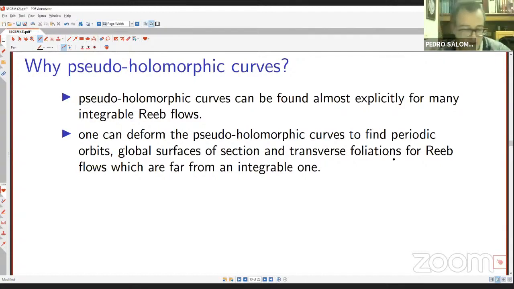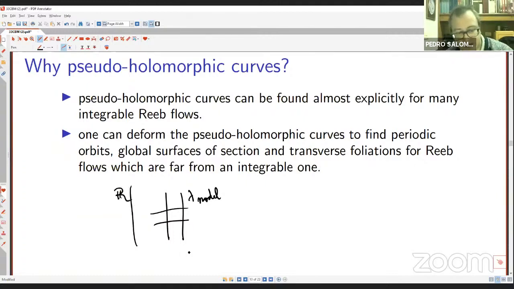It's a cobordism. Let me try to quickly explain. You have this contact form, which is a model, let's say the Euler problem, and you interpolate, this is R times M, the contact form of the model with your contact form, let's say of a system far from integrable, and then you have these holomorphic curves.